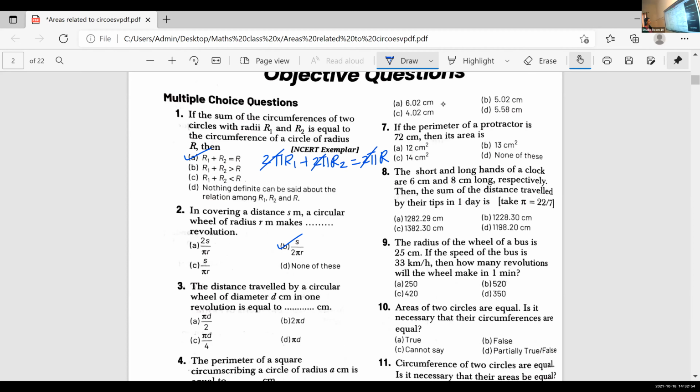Distance traveled by the circular wheel. If the diameter is d, what will be the radius? D by 2. Yes, radius is d by 2. One revolution means one full complete rotation. What is the distance, Heinz Steve?